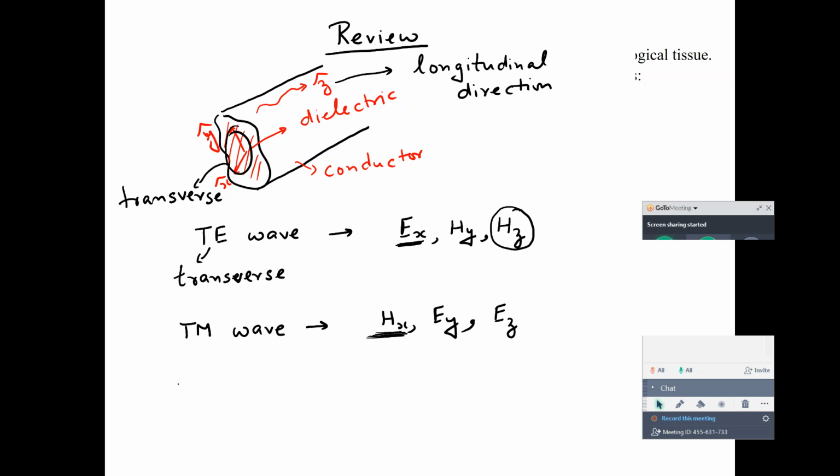And we may have TEM waves only in very, very certain conditions, where you just have EX, HY, and no component in the Z direction.